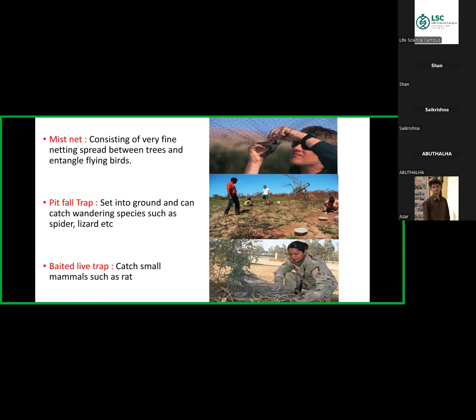While seeing this food, that particular organism will enter into this trap and get caught inside this trap. That is baited live trap. It is usually used for catching rats. Do you know baited live trap?